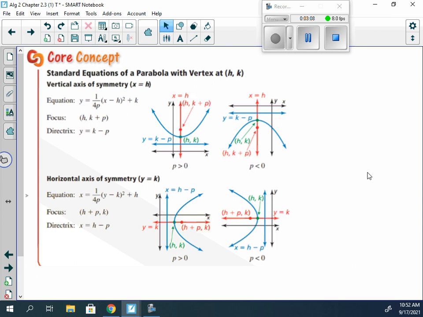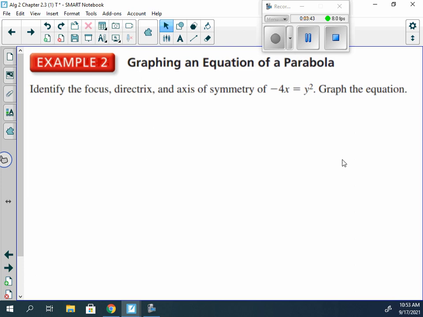But I want to see if using these is actually going to make it easier to work with. So let's go on and look at some examples using this.